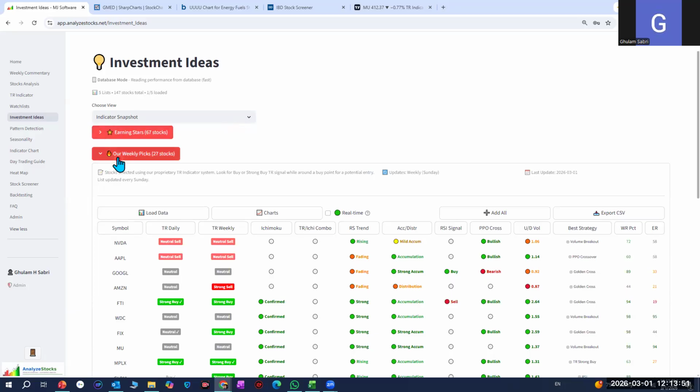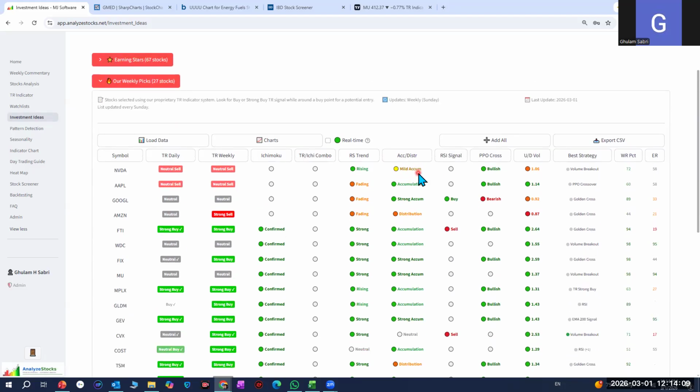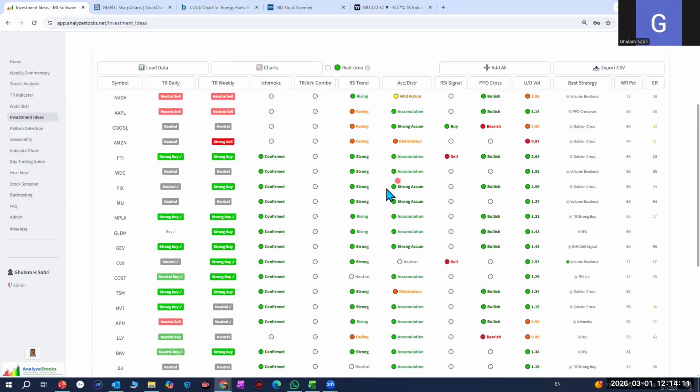We have our own weekly picks, like 27 stocks. And there is a custom view, which is available in this investment idea as well as in the watchlist. So you can have your own watchlist and apply this custom view, the pre-built indicator snapshot view. And this gives you, for example, our existing weekly picks.